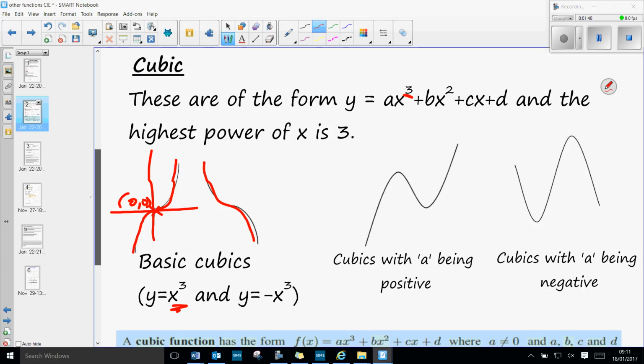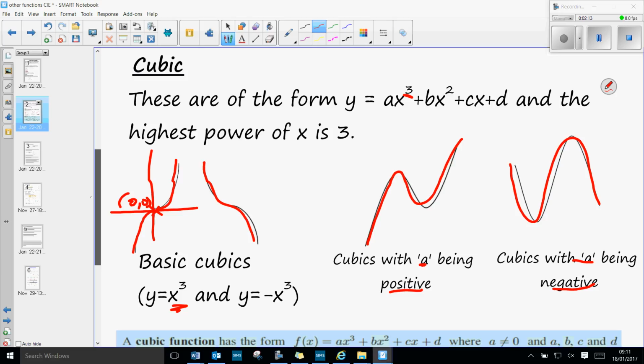Now, that's if it's just x cubed. If it has anything else in it, so if it has bx squared plus cx plus d, or any combination of those, then it's going to look more like this. If a is positive, then it will go up, then down, then up. If a is negative, it will go down, then up, then down. That's the key thing there.